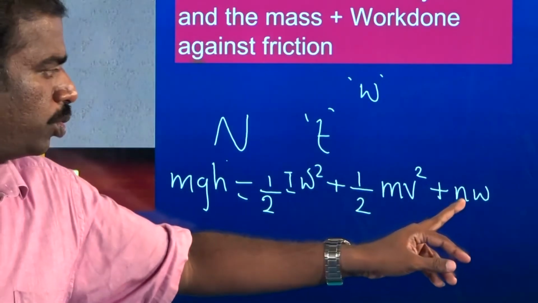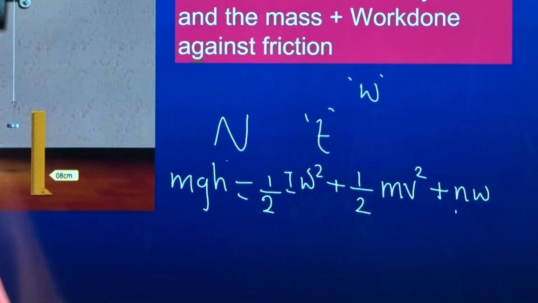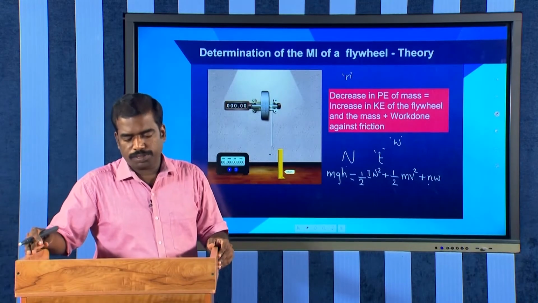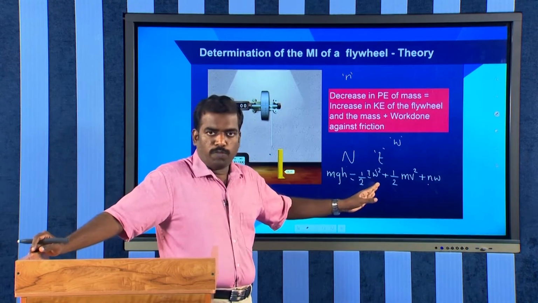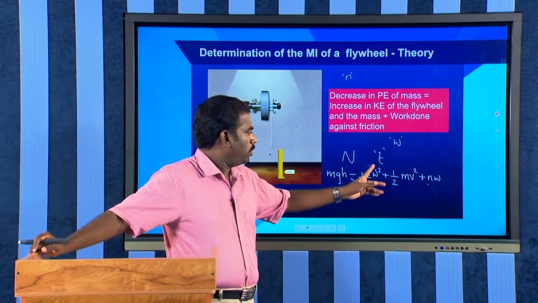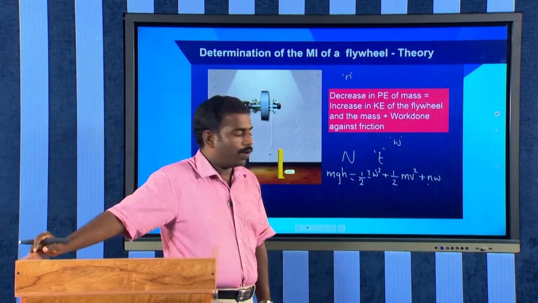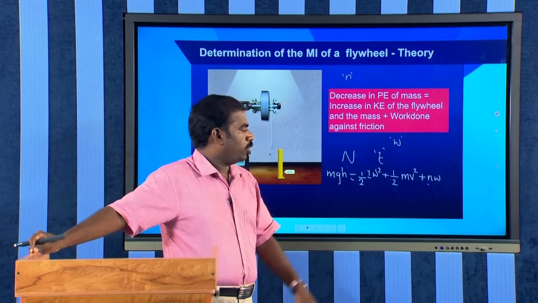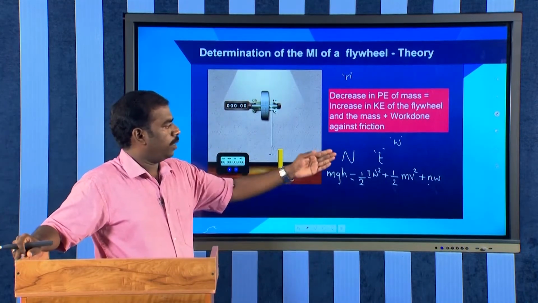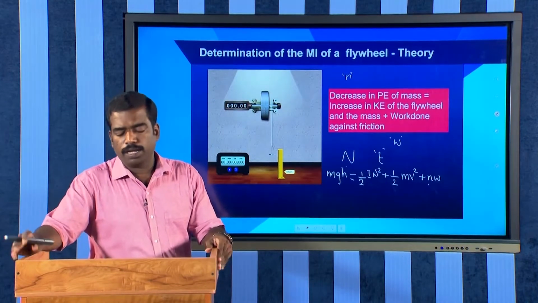For that it has to do nw work to overcome the frictional force. Here I is the moment of inertia of the flywheel, omega is the angular velocity of the flywheel and v is the velocity of the falling mass, w is the work done against the friction per rotation.